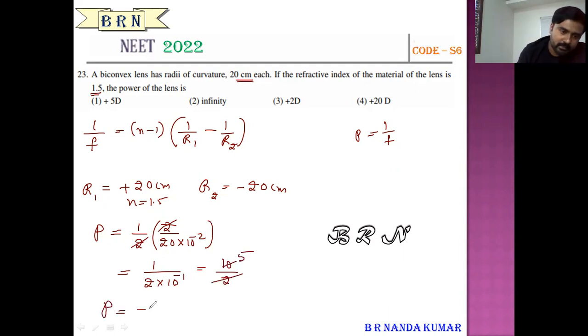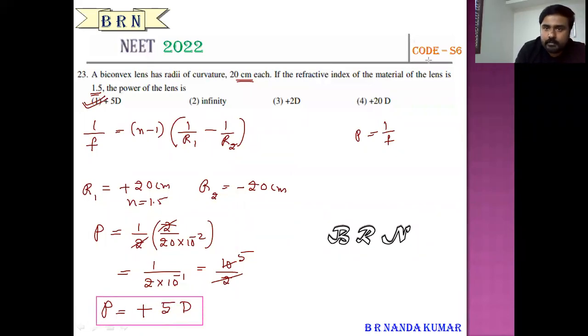So the power is plus 5. The unit of power is diopter, plus 5 diopter. The right answer is option 1, plus 5 diopter, right? So this problem comes under ray optics.